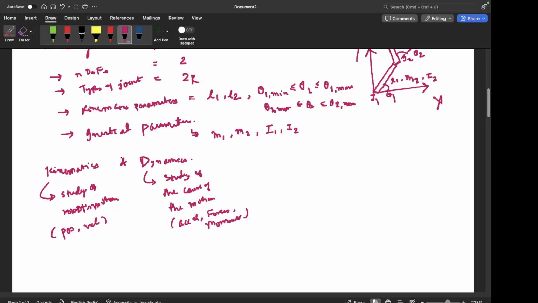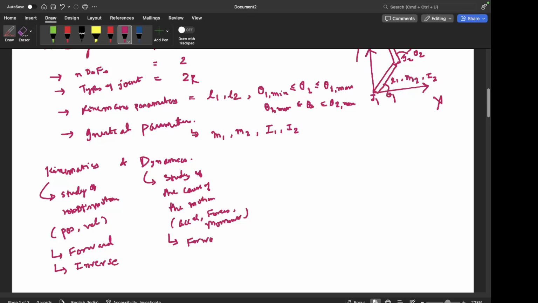That's the key difference. And in both kinematics and dynamics, there are two more fundamental terms in robotics: the forward problem and the inverse problem.